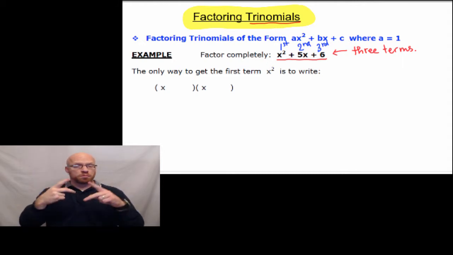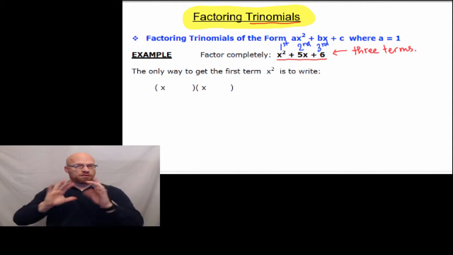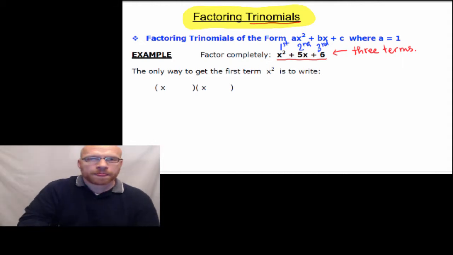Now, if we look back to how we used to multiply binomials and monomials, let me go back and show you an example before we proceed.